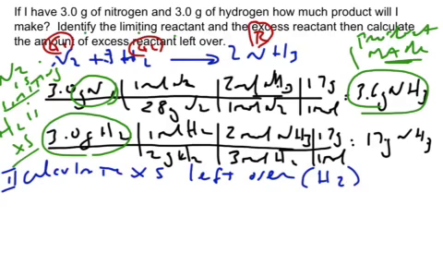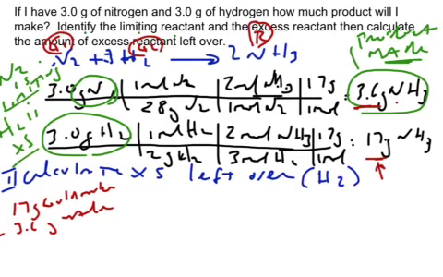So now what I do is I look back at my information over here, and it tells me that the product made was 3.6 grams, but I could have made 17 grams if I had enough stuff. So what I'm going to do is take the could have made, 17 grams, and then subtract the amount I actually made, which was 3.6 grams.